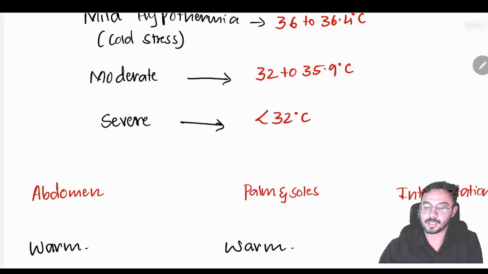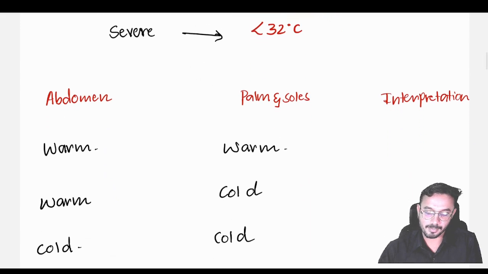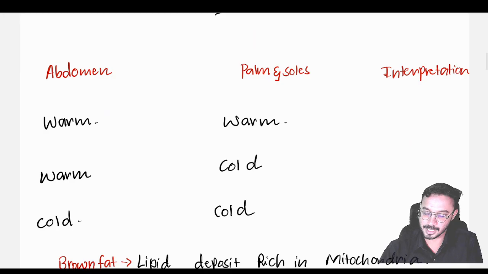So these are the criteria of hypothermia. And by the touch method, you are going to check the abdomen, palms and soles. If the abdomen is warm and the palms and soles are also completely warm, then the baby has no hypothermia, that is normal.